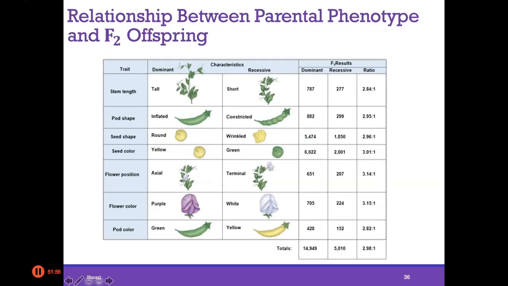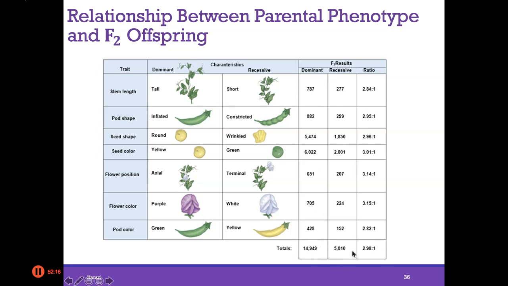So if you recall, I said that Mendel repeated these experiments not only with tall and short plants and round and yellow and green seed color, but with all these different traits. And in the F2 generation, he saw the same results from his monohybrid crosses. And look at all these numbers. It's quite amazing.